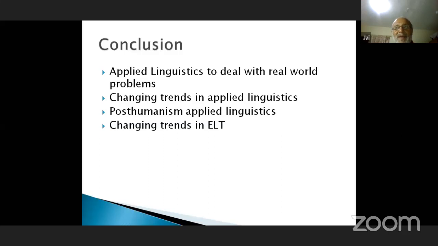It is in academia during this one decade period, and there is a changing trend in ELT. So people are inclined much more to methodology and other aspects than core language skills. So this is what I reviewed and what I found.